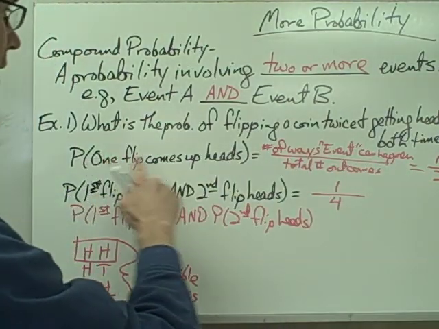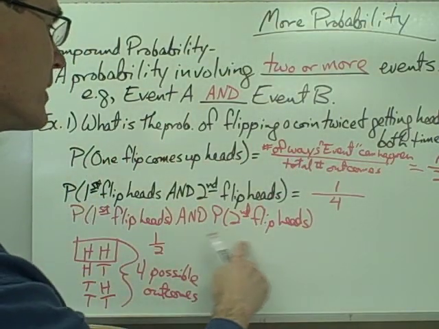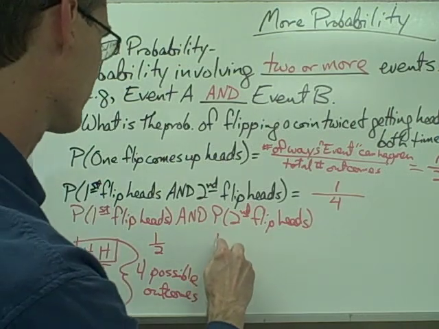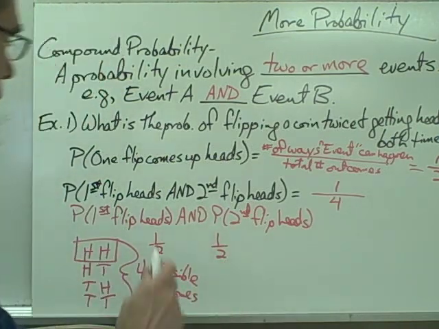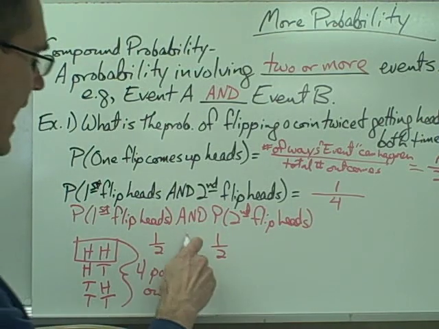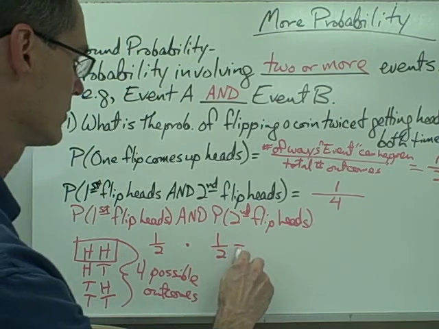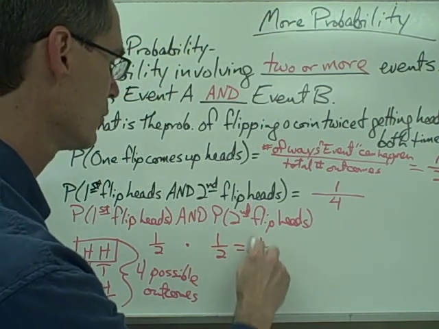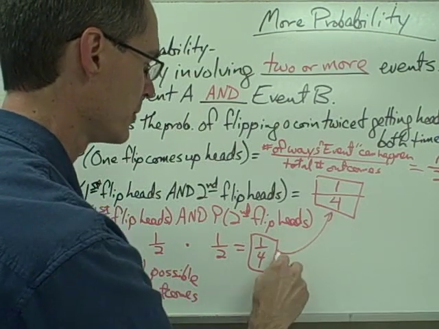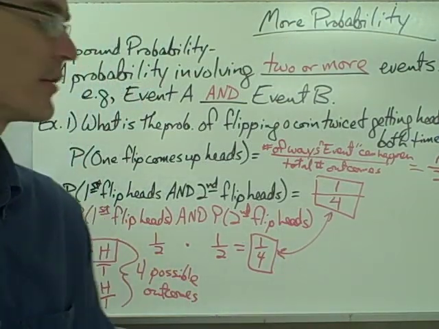That's this probability right here. The probability of my second coin flip coming up heads is also 1/2. Well, if I take each of these two individual probabilities and multiply them together, then I get 1/4, which is the probability of both events happening together.